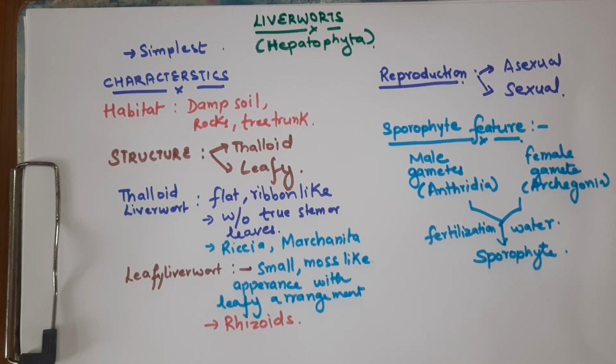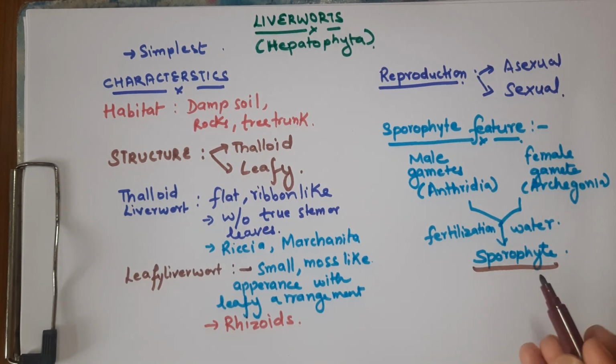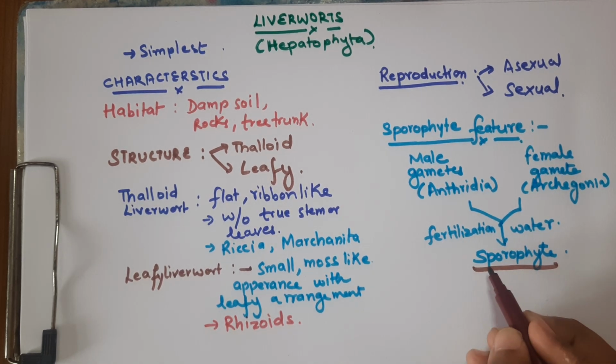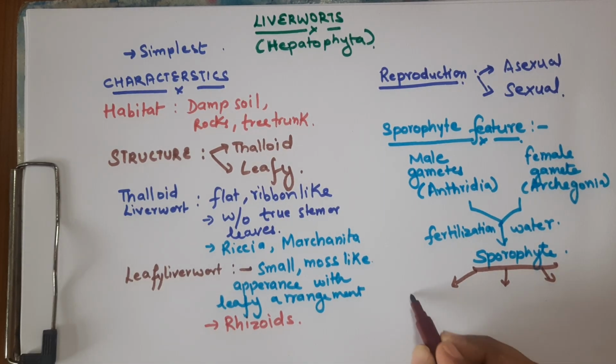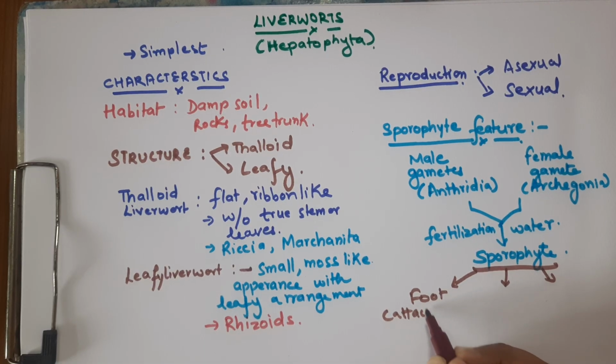The sporophyte is dependent on the gametophyte. Basically, this sporophyte is differentiated, not divided, into three parts. The first one is the foot, which is required for attachment.